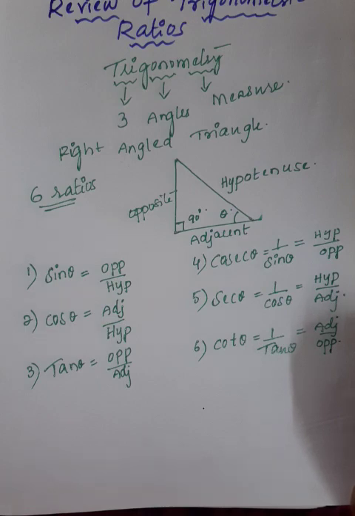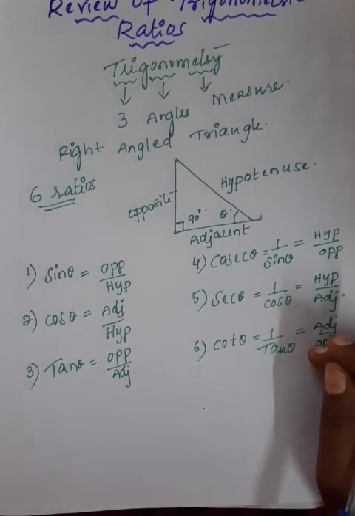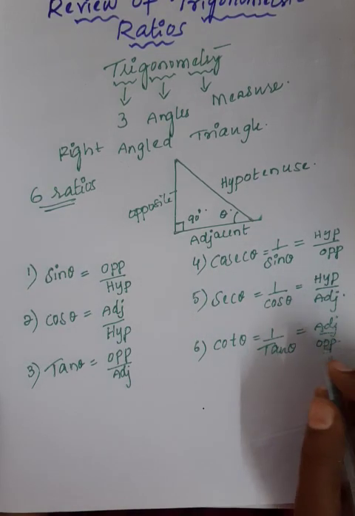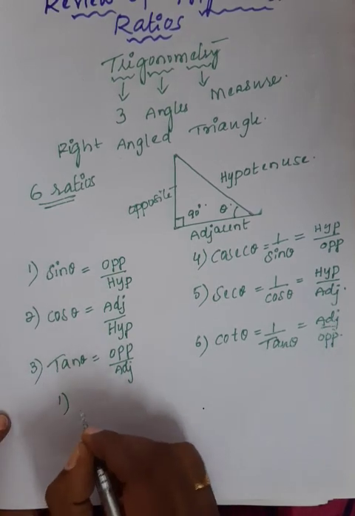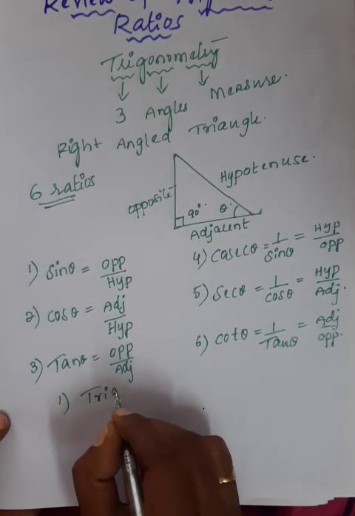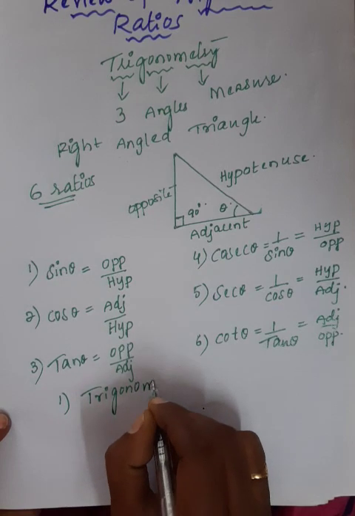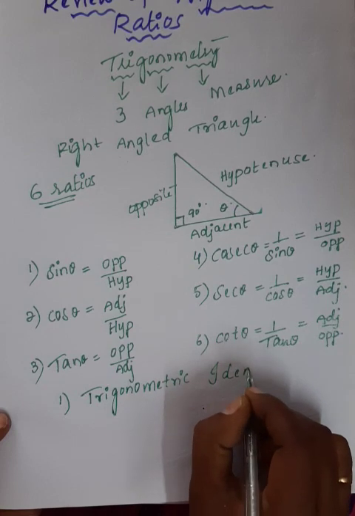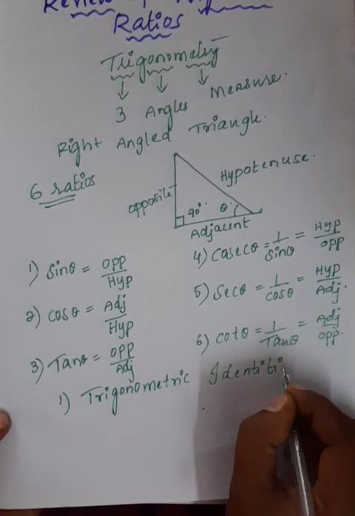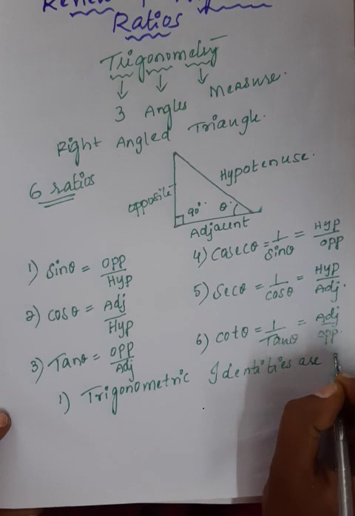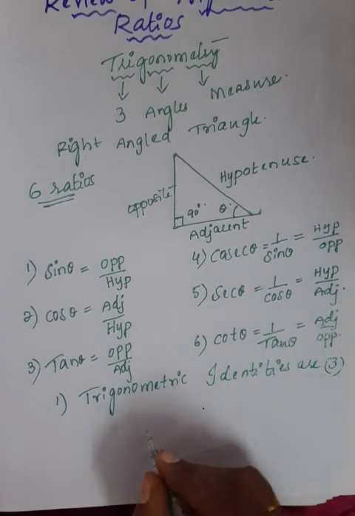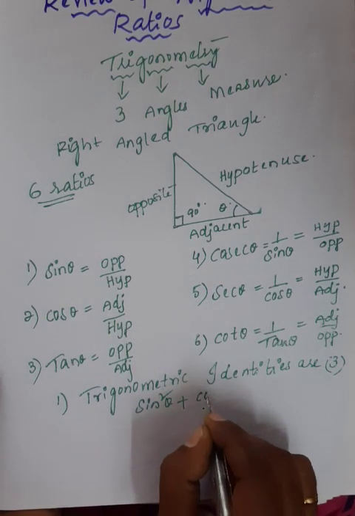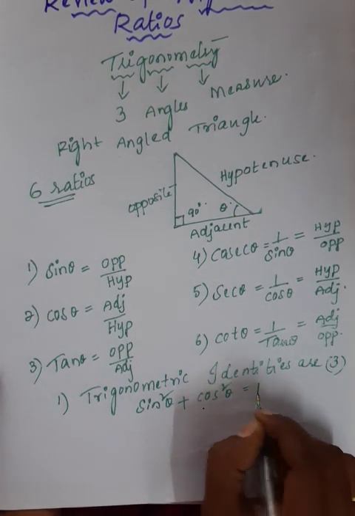Every trigonometric function is a real number, and we have a total of 3 trigonometric identities. First one is sin square theta plus cos square theta is equal to 1.